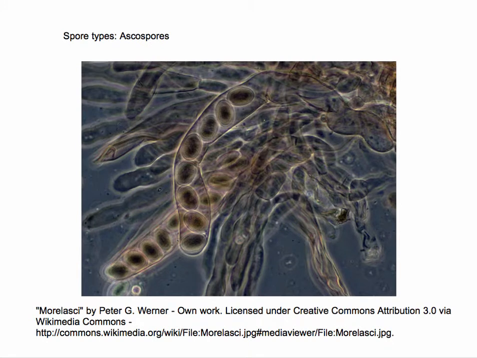Another kind of spore is called an ascospore, and so right here, these individual oval structures, these are haploid ascospores, and they're inside of a sac or an ascus. And that's very common in many molds and also in morels, if you're familiar with morels. A lot of people think morels are mushrooms, but they're not true mushrooms.